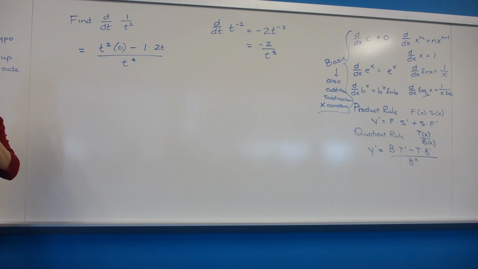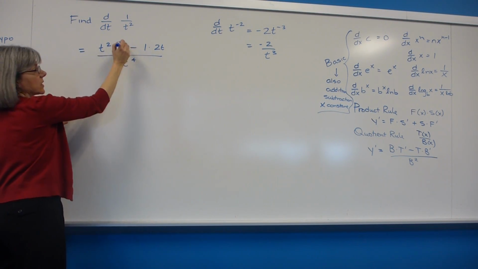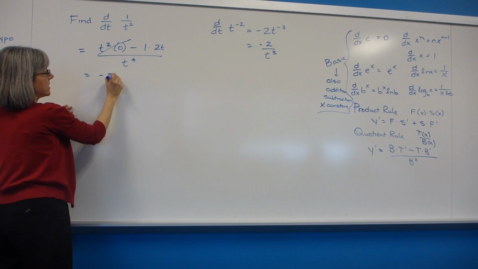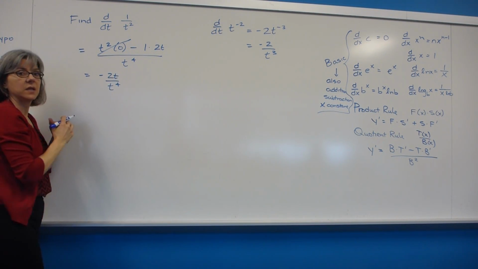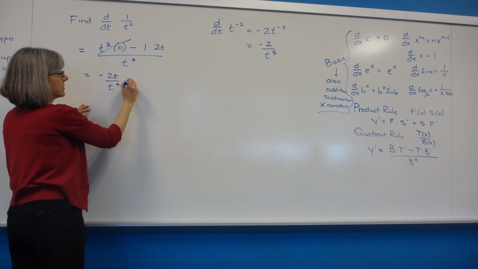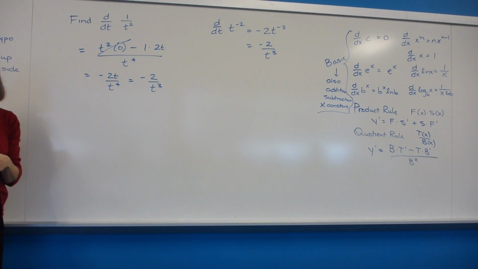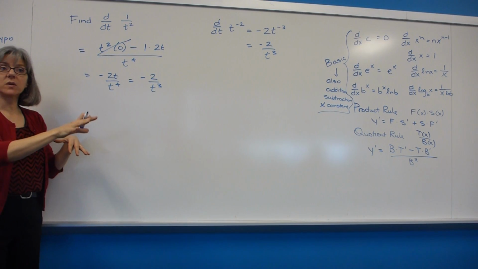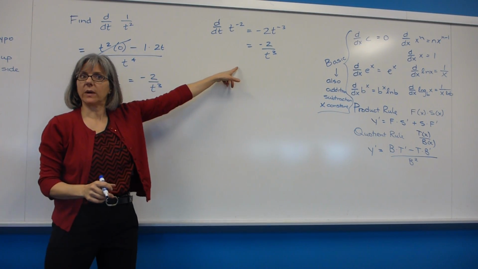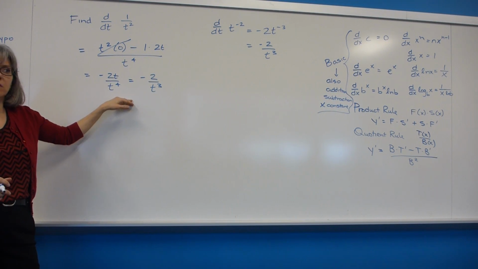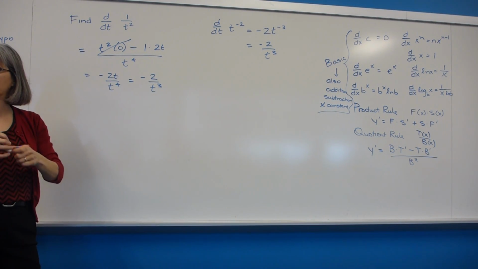So this term, 0 times anything, goes out. Now I have minus 2t over t to the 4th. Yes, you cancel to simplify: minus 2 over t cubed. So the same answer. Either way works. This is definitely the easier way if you see it, but if you don't see it and you do this correctly, you will get the same right answer. So again, multiple right ways to the one right answer.